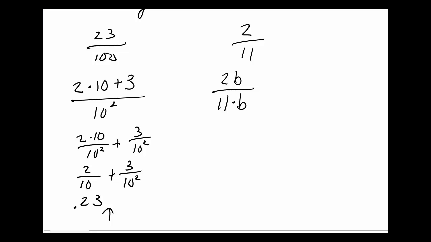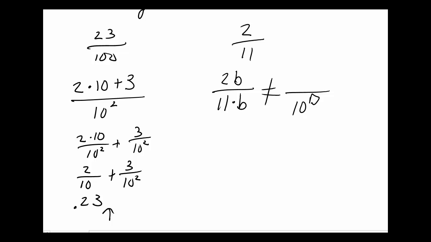And if you think back to our factors, there's no way I could write 11 times some number as a power of 10. I could multiply by 10 to get 110, but again, I can't rewrite it as 10 to some power. That is where the problem lies. If I can get it to 10 to some power, then I can come up with a terminating decimal.